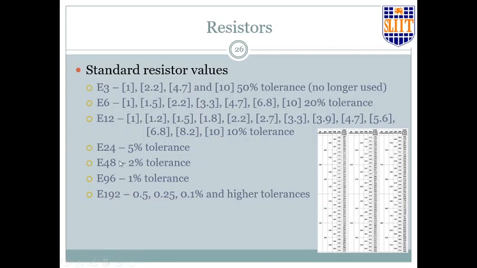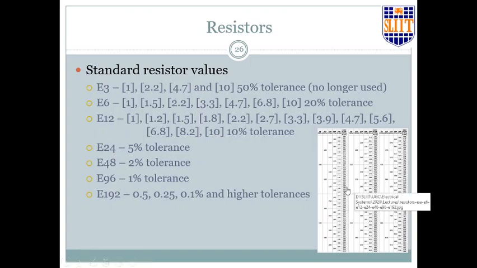But 10% tolerance for E24 is not recommended, right? Now the most available series is actually the E12 series with 5% tolerance nowadays. But rarely, randomly, you might be able to find the E24 series as well, right?